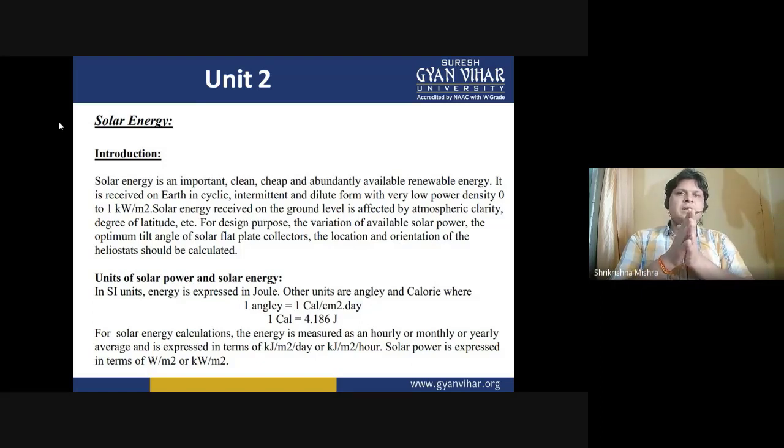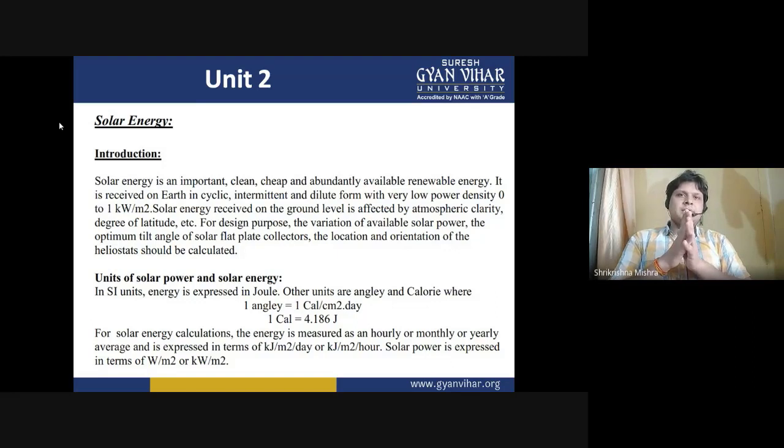It has a very low power density of 0 to 1 kilowatt per meter square. Solar energy received at ground level is affected by atmospheric clarity, degree of latitude, etc. These are the different factors affecting the solar energy received on the ground surface.